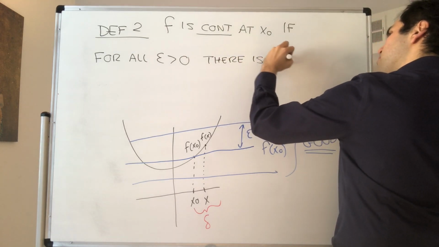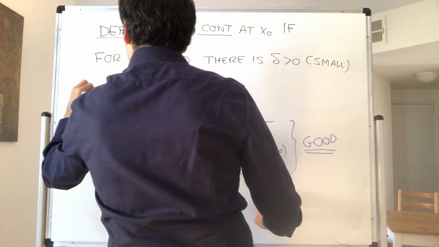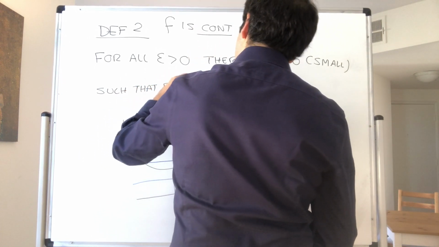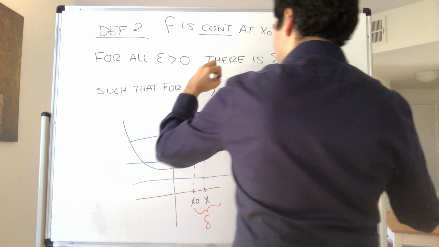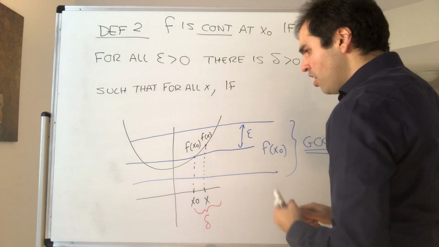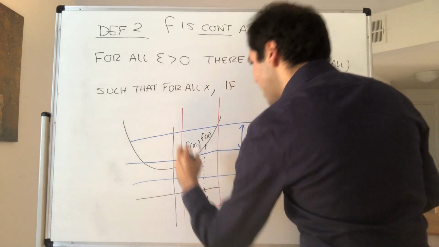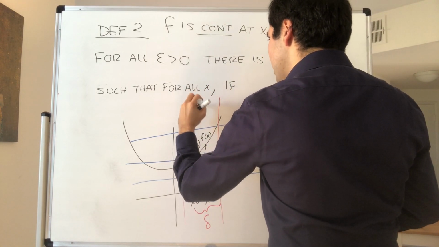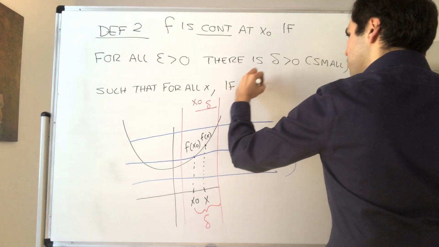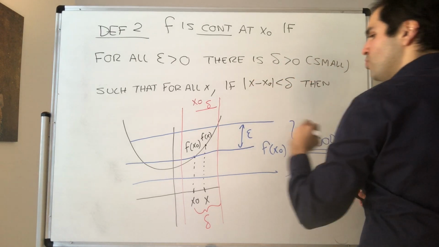So it's delta, positive, and think of it as small, such that for all x, if you're at most delta away from x naught, in other words, if you're in this region here, centered at x naught and of radius delta, so if x minus x naught is less than delta, then f is in the good region.